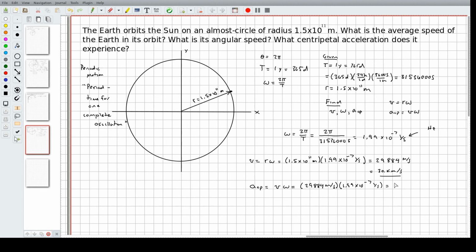And if you do that, it ends up being 5.9 times 10 to the minus third meters per second squared. Very small.